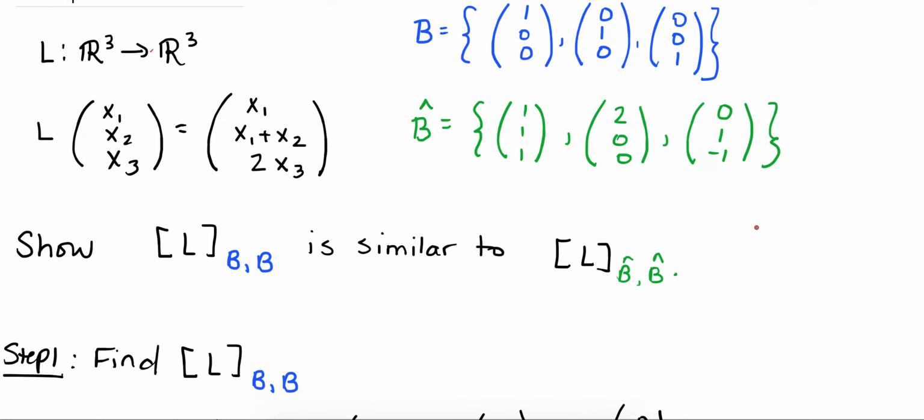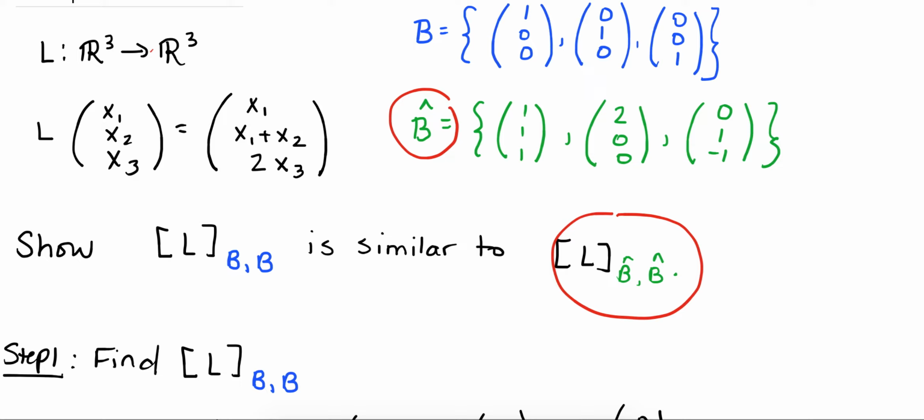What I want to do is show that this matrix, the matrix of the linear transformation L, where I plug in the basis B and then write the result in terms of those basis elements, is similar to this one, which takes that same linear transformation, plugs in the basis elements of this other basis, and then writes them in terms of this basis.